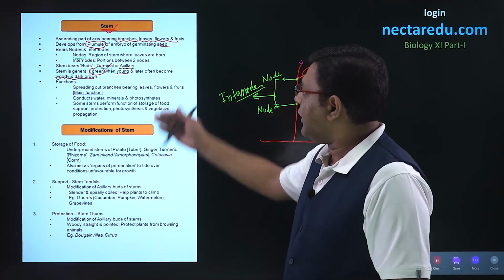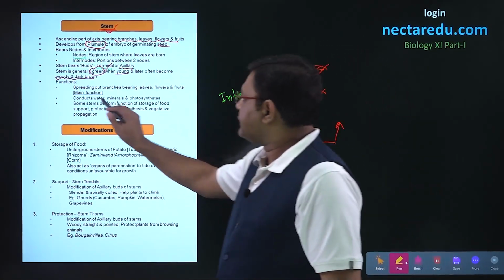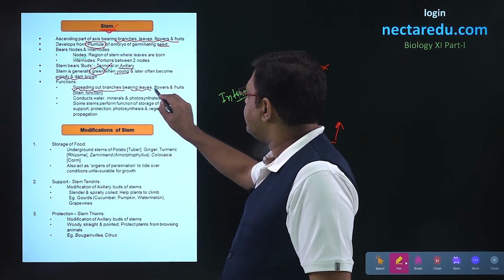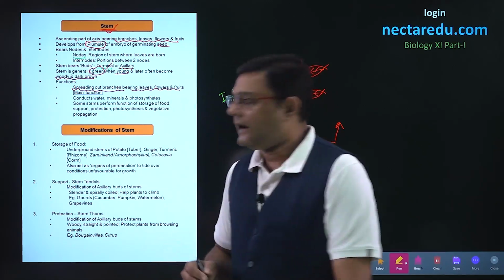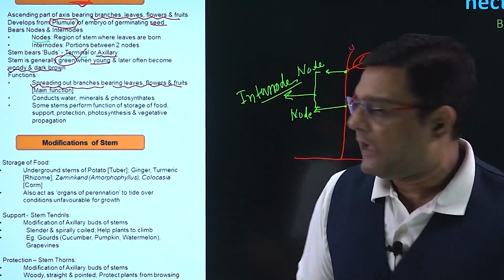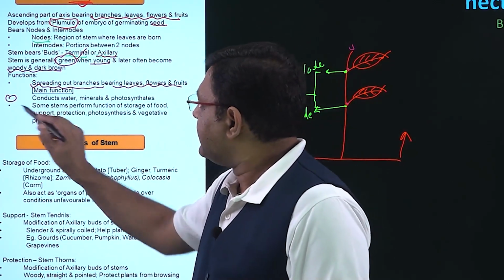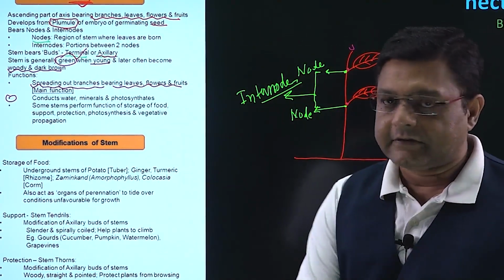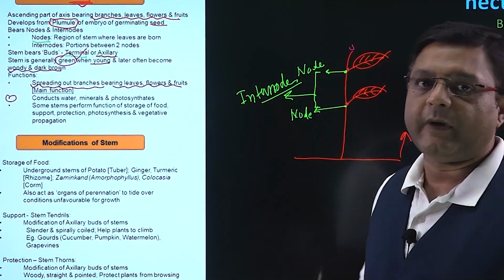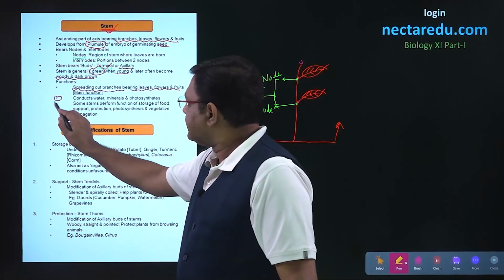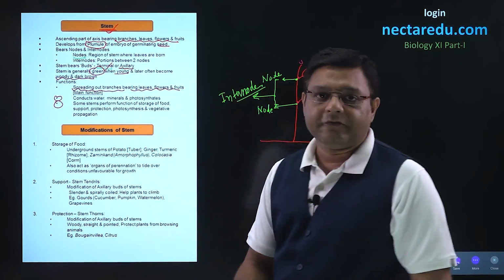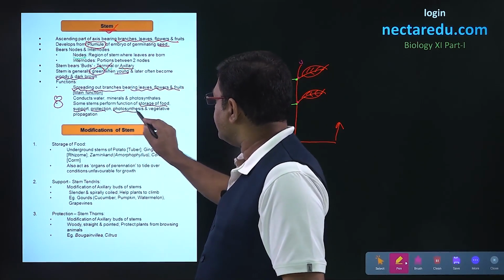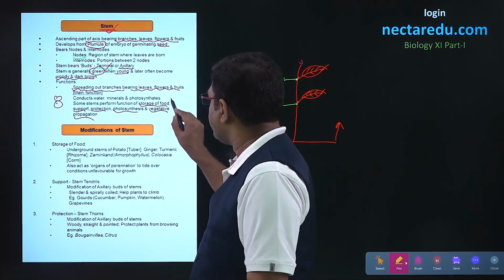Talking of the functions of the stem, the main function is that stem spreads out the branches which bear leaves, flowers and fruits. Second, it conducts water, minerals and photosynthates, that is the food that is produced by the plant. The third is that stem also performs functions like storage of food, support, protection, photosynthesis and vegetative propagation.